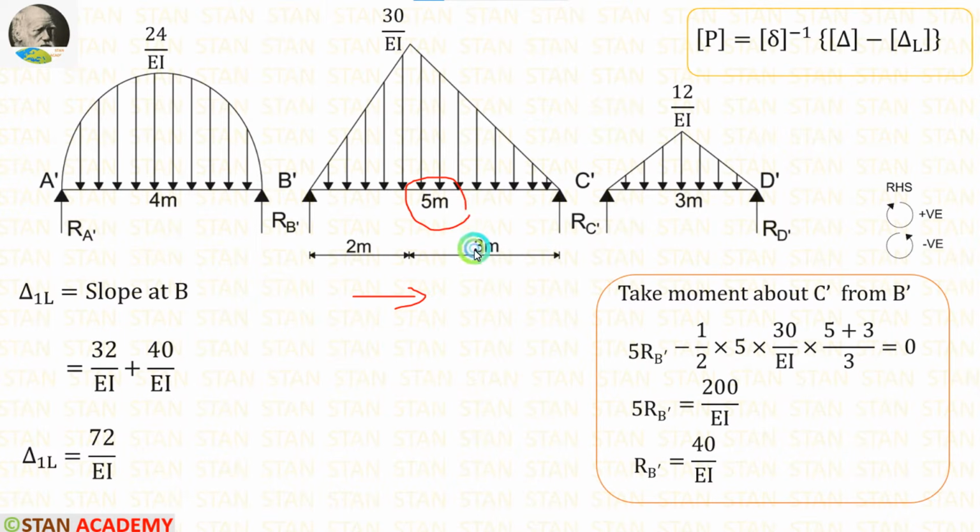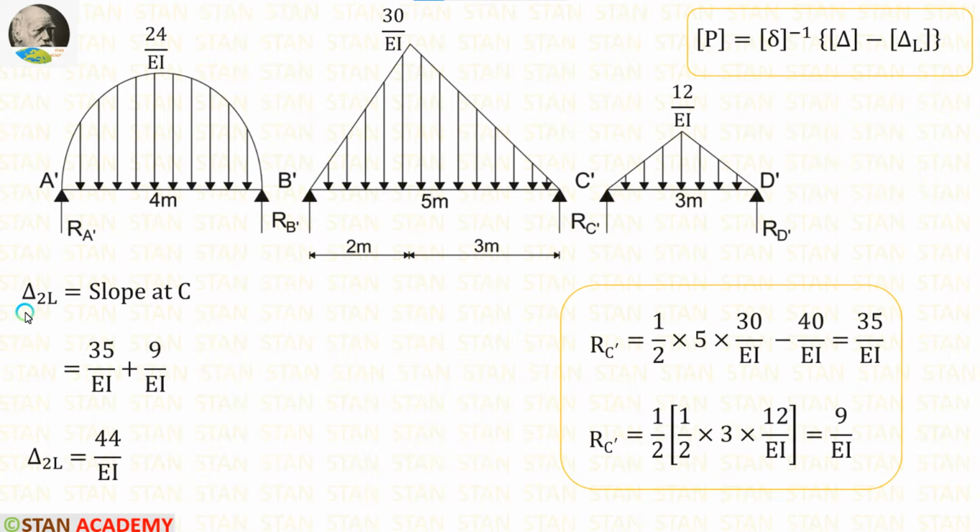Here L is 5, B is 3. So for the centroid, we are having 5 plus 3 upon 3. After the calculations, we are getting RB dash, which is equal to 40 upon EI. For delta 1L, we have to add both of the RB dash values. After adding, we are getting 72 upon EI.